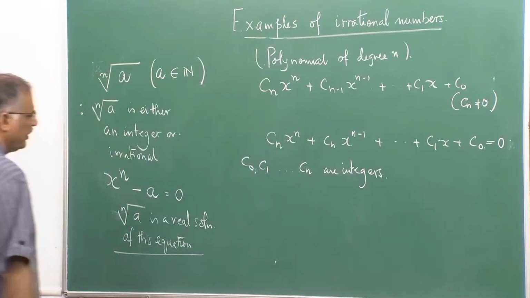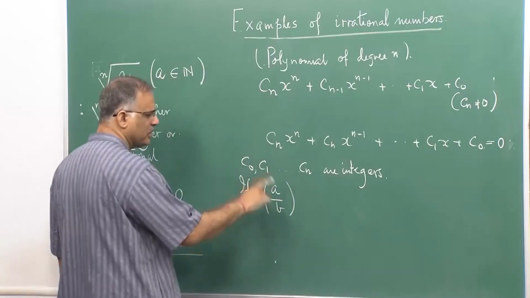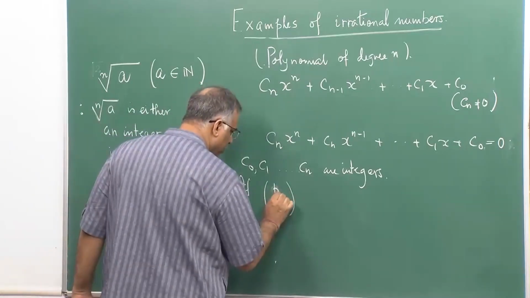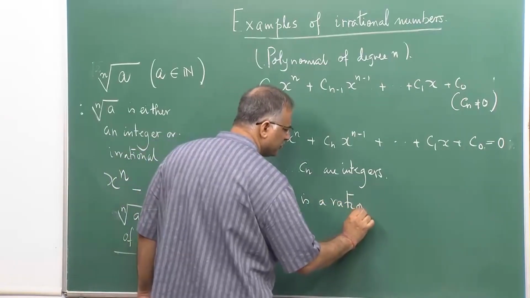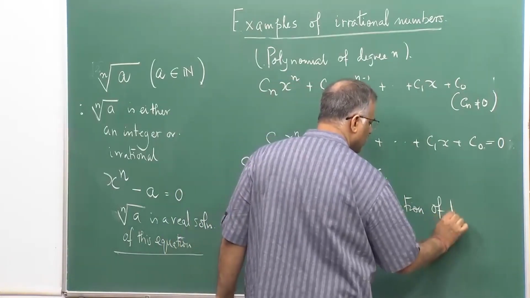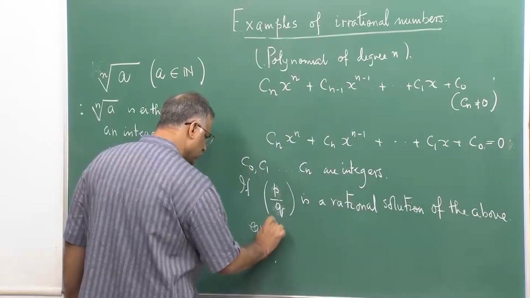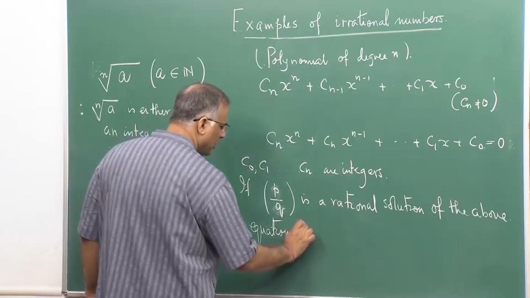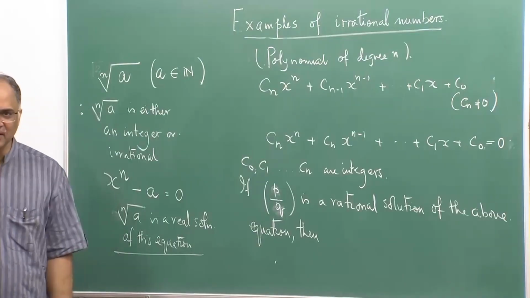The result says that if A by B, here I am just talking about a rational number where A and B could be negative or positive, it does not matter, or if you want to say P by Q, if P by Q is a rational solution of the above equation, then P divides C0 and Q divides Cn.